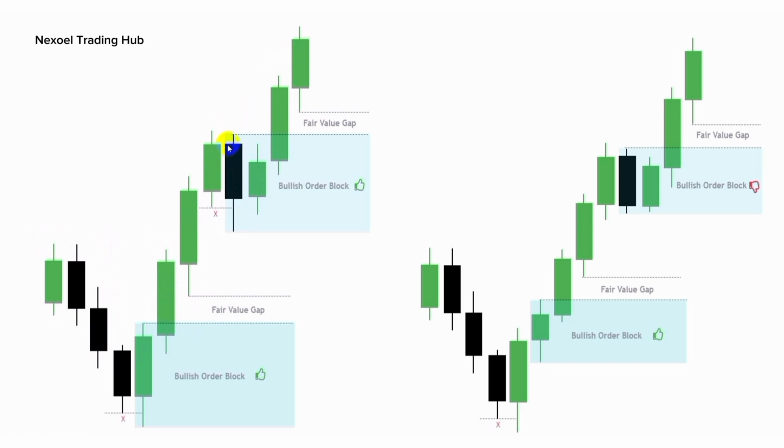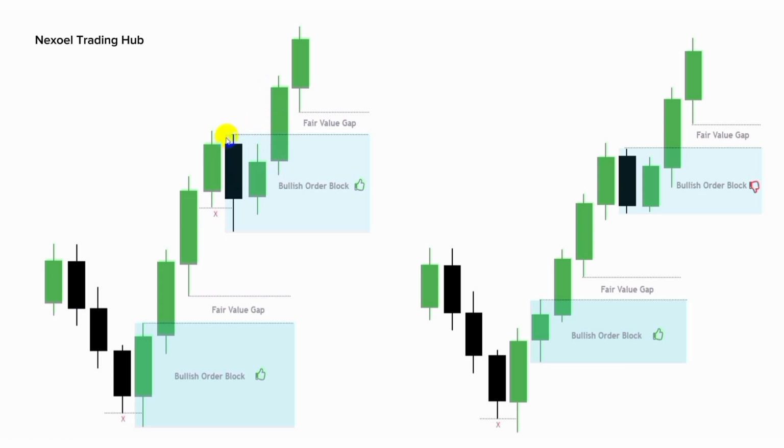And what you can see is that this down close candle took out liquidity, took out the low of this bullish candle. Now this is not the order block. This is the order block, because this bullish candle is just price movement within this bearish candle. Because you can see that the low is protected, the high is protected. It is this bullish candle that took out the high.